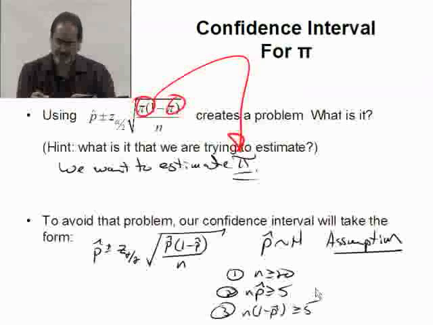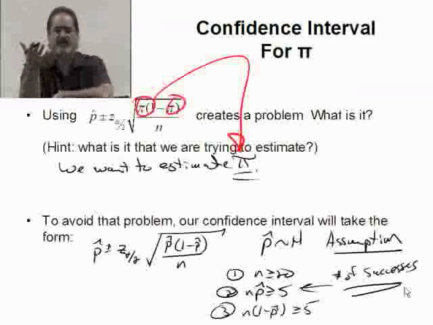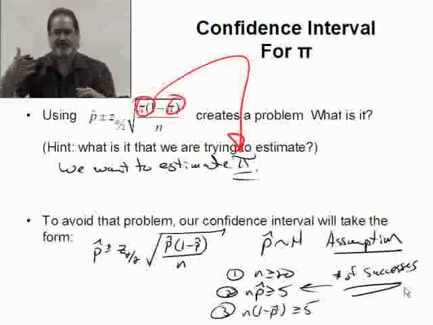Now notice that this is really the number of successes. Think about it. P hat equals x divided by n, if x is a binomial random variable, where x will represent the number of successes. If I'm looking for the proportion of females in a class, I would take the number of females, where observing a female is a success, divided by n.